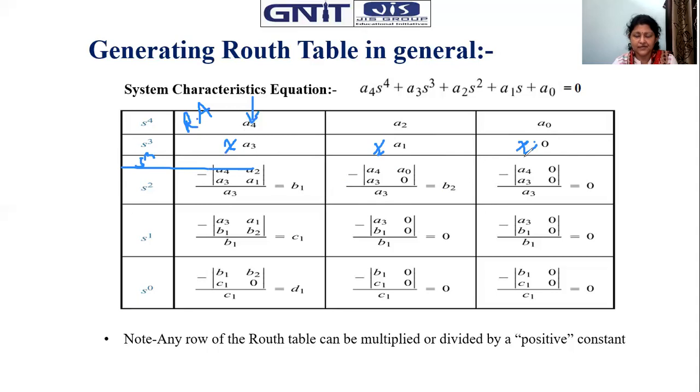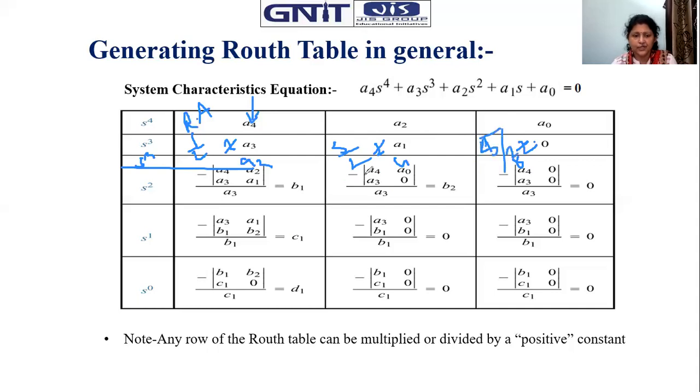So we are dividing here by 2, then the column entries will be A3, A1, A0. Suppose we have half everywhere. Suppose 3 by 2 here. Suppose here it is 5 by 2.